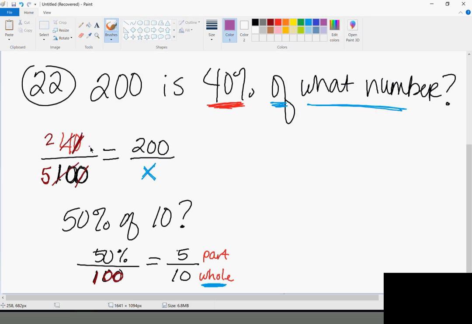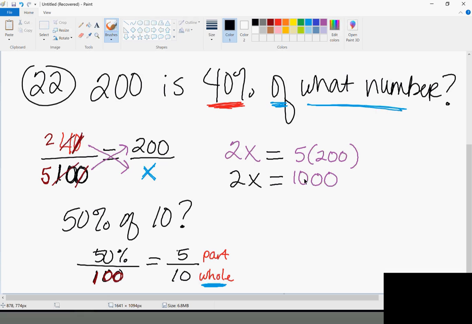So now we're ready to cross multiply. We have 2 times x. I think I may be teaching ahead, but it's okay. Equals 5 times 200. And 5 times 200 is going to be 10, and then 2 more zeros is going to be 1,000.